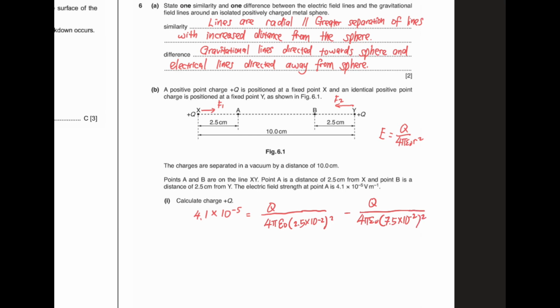And then you have to work this out and get your Q. So you may factorize the Q first. For pi epsilon naught, then what remains is 0.025 squared minus 0.075 squared.